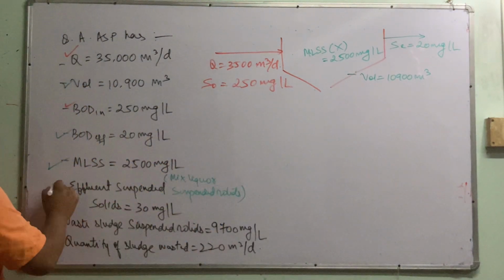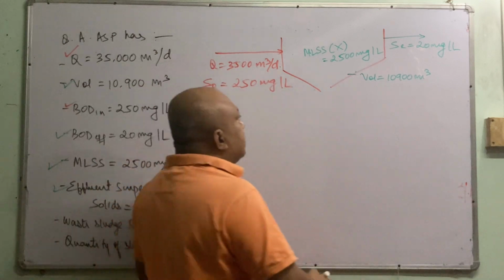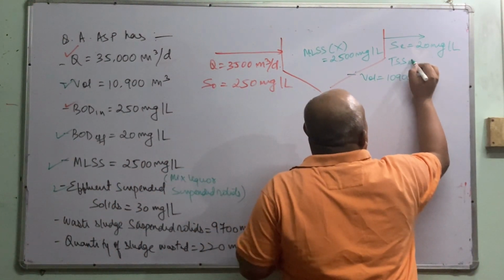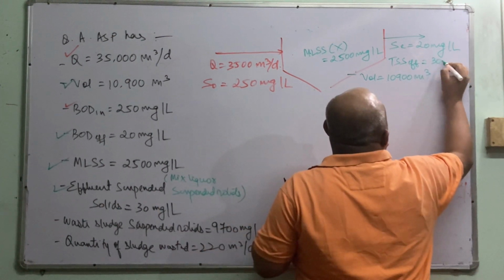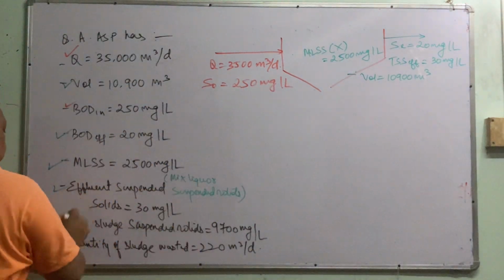And then effluent suspended solids means the total suspended solids in the effluent is equal to 30 milligram per liter. This is done.